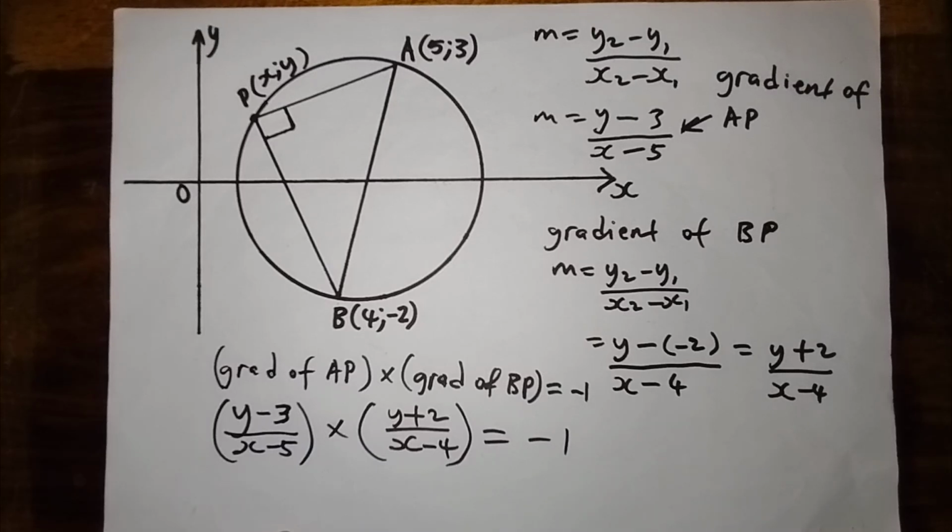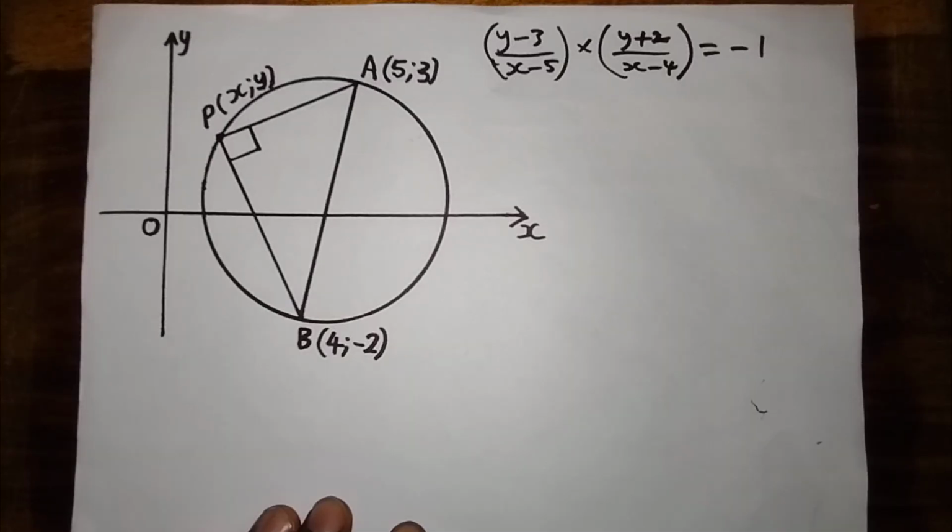So the product of the gradients of the perpendicular lines equals minus 1.